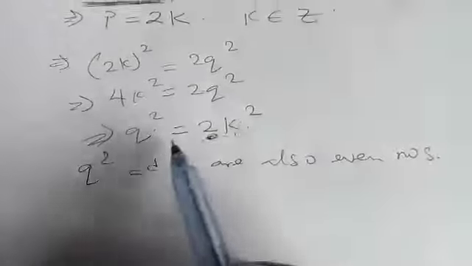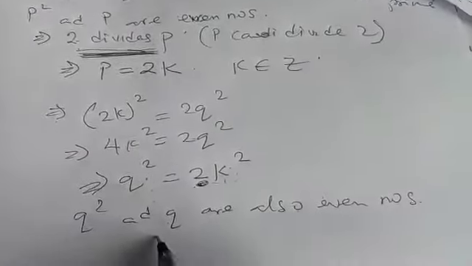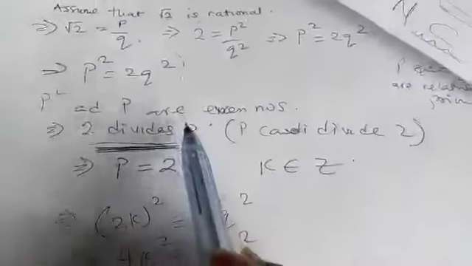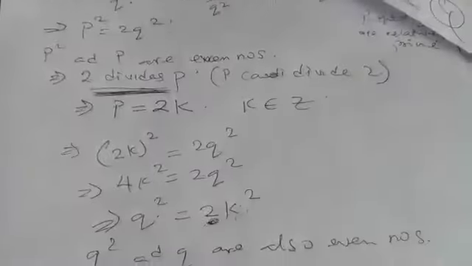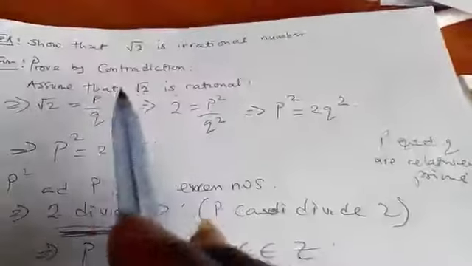You will now see that Q squared and Q are even numbers, and P squared and P are also even numbers. That simply means that they have something in common, which is 2. This shows that Q and P have 2 as a common factor. So it contradicts our assumption, because our assumption is that root 2 is a rational number, which means P and Q must not have anything in common.